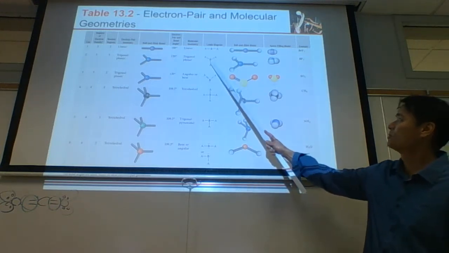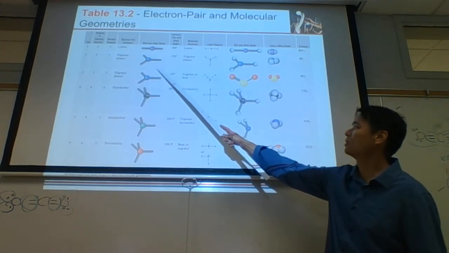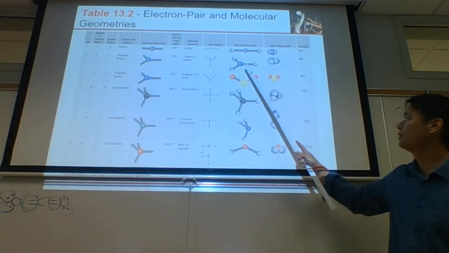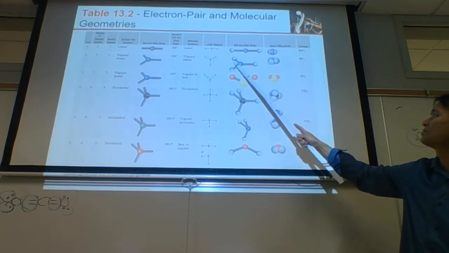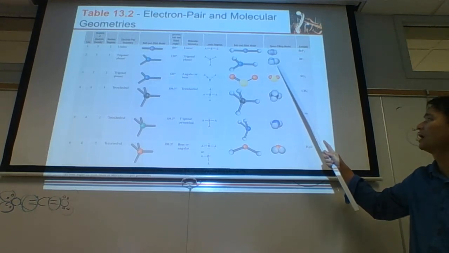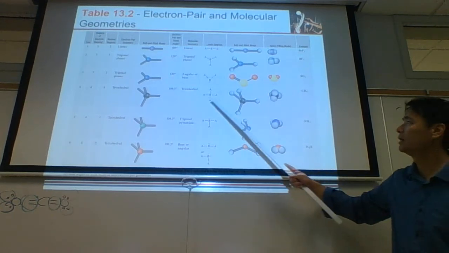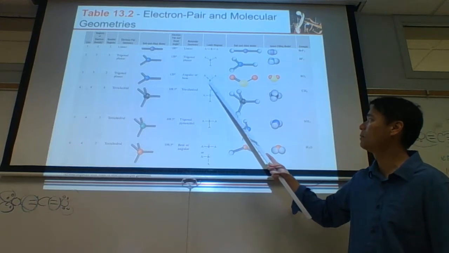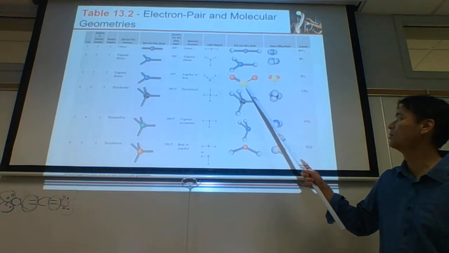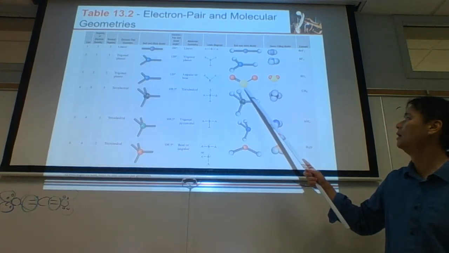If we have three groups, then it's going to adopt the trigonal planar group geometry. And if the atoms are oriented in the same arrangement, then it's going to adopt the trigonal planar molecular geometry. Look at the atoms. We could have a double bond, a lone pair, and a single bond like this. This would be three groups. Lone pair is not really seen here.